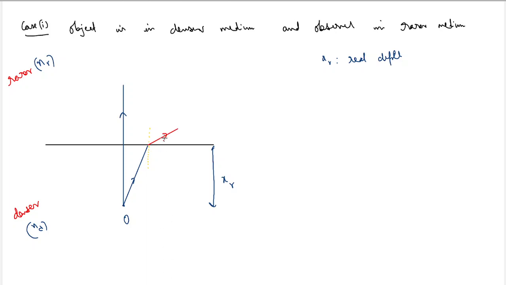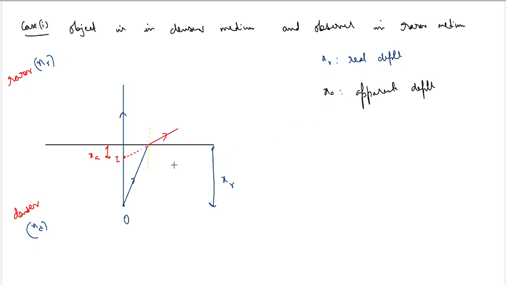If we draw this light ray backwards, it appears as though the light is coming from this point. This point is called the image point. The distance between the surface and this point is called XA. XA stands for apparent depth. Now apparent means something which is not permanent, something which exists only for a given time.